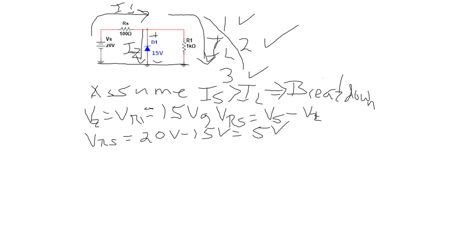So that gives me my supply current, which will be VRS over RS. 5 volts over 100 ohms, or 50 milliamps.